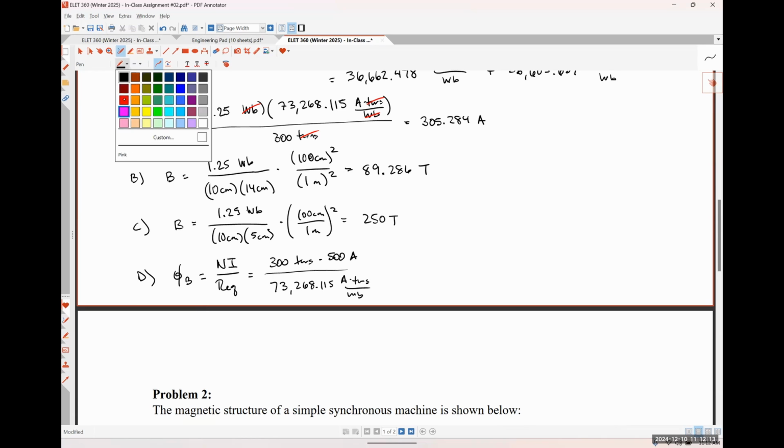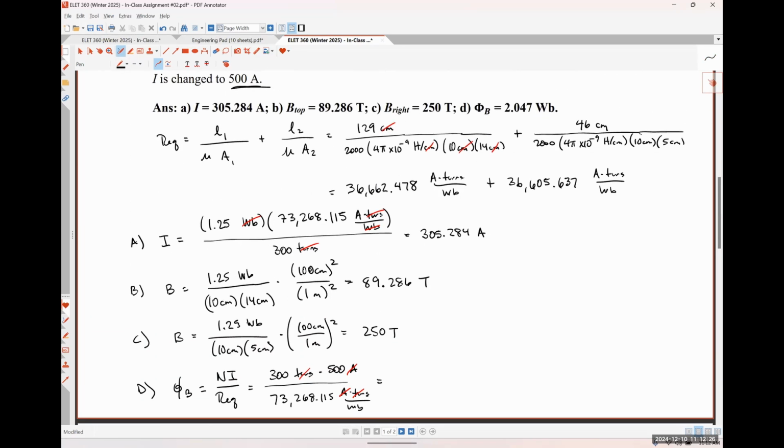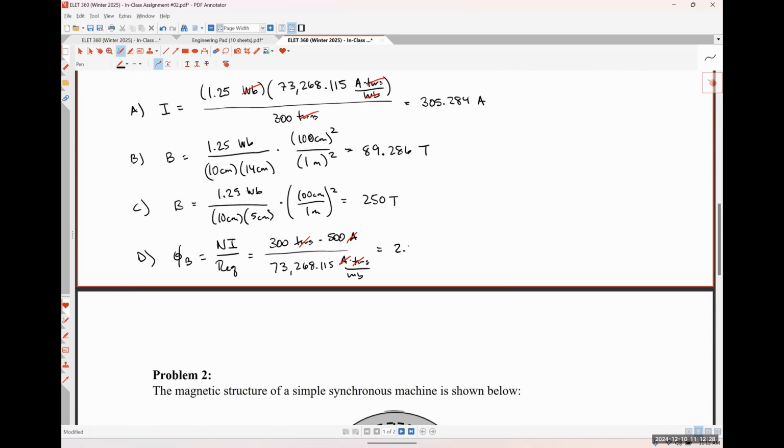And then notice that turns cancels turns, amps cancels amps. So we have 1 over 1 over Weber, which is the same thing as Weber, the unit of flux. And so throwing this into our calculator should come out to be 2.047 Weber.